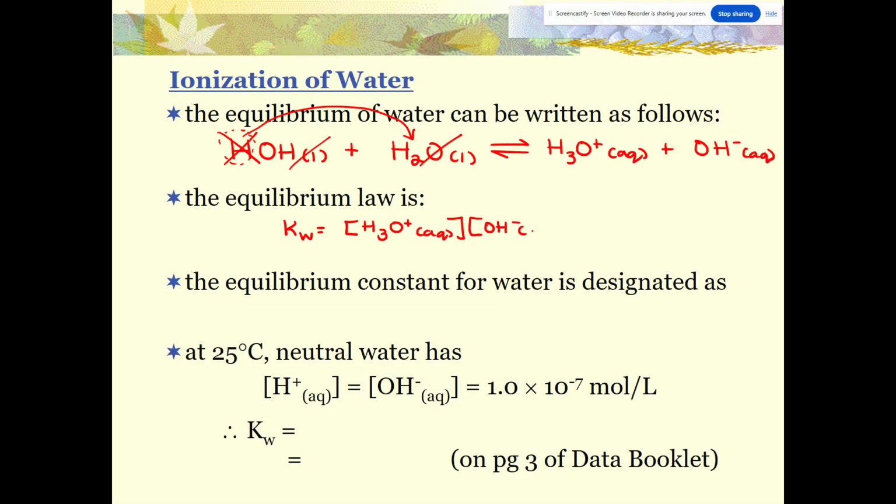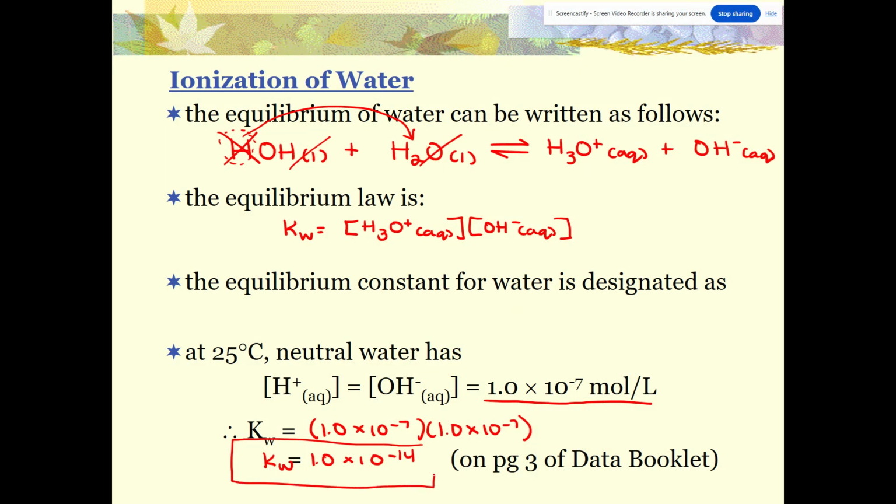In neutral water, the concentrations of the two ions are the same. They're both 1.0 times 10 to the negative 7. So if I put that value in for both of these, I get a value of 1.0 times 10 to the negative 14. This is known as the ionization constant of water.